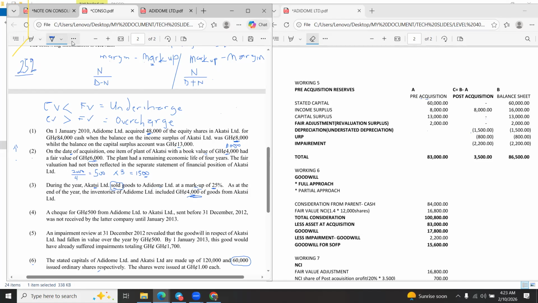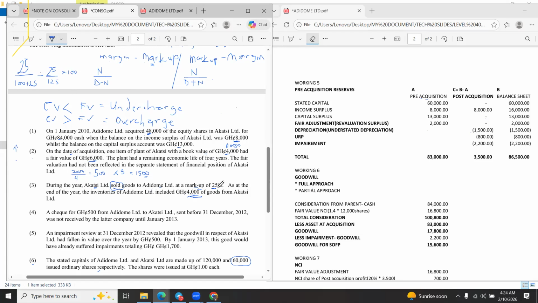So it is 25 over 100 plus 25, which gives you 25 out of 125, times 100, which is 20%. So converting 25% markup to margin is 20%.